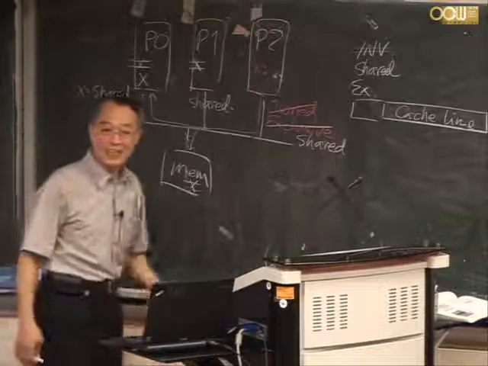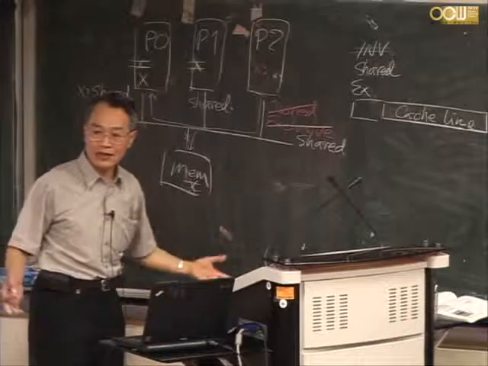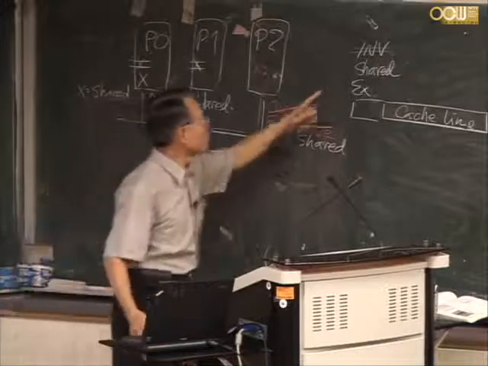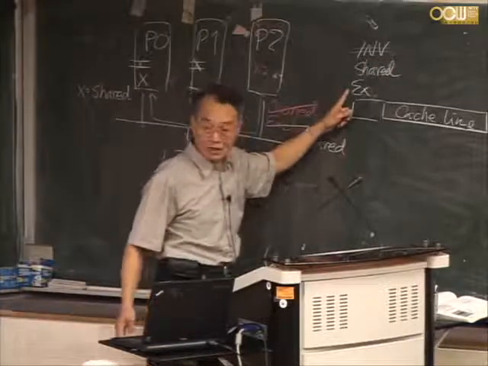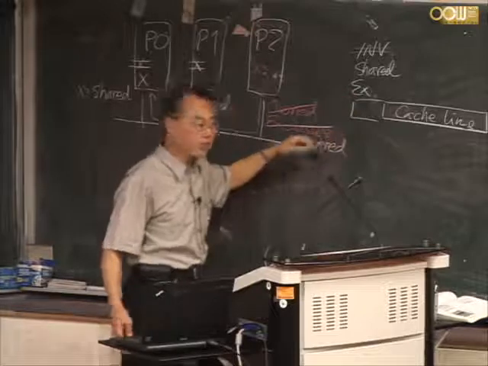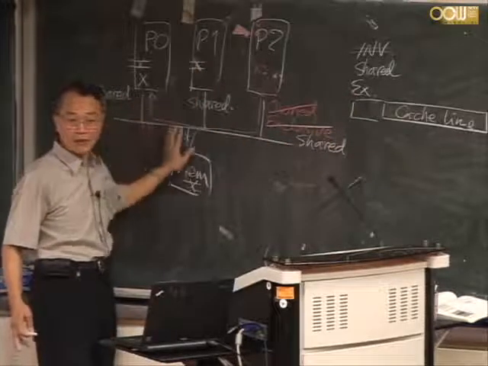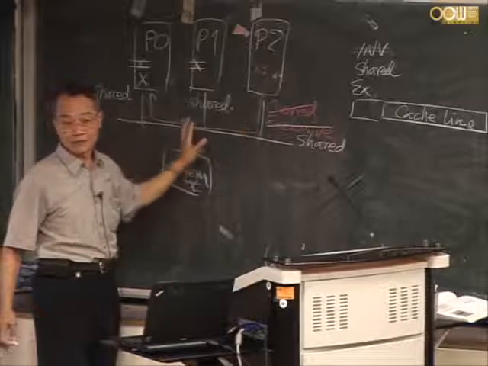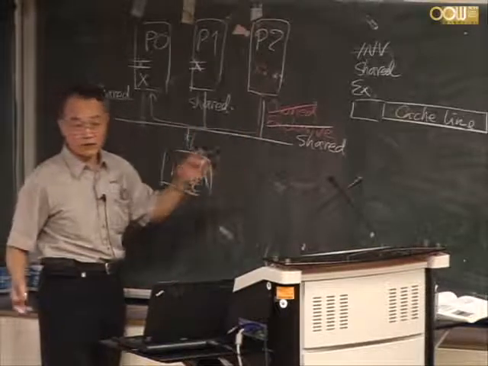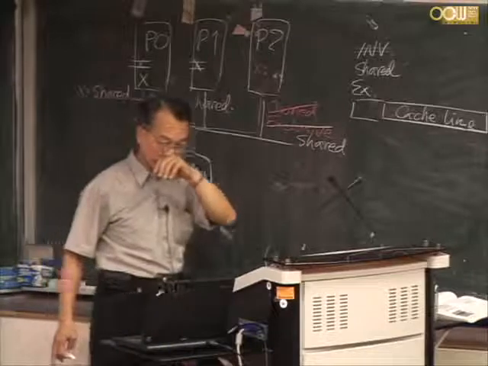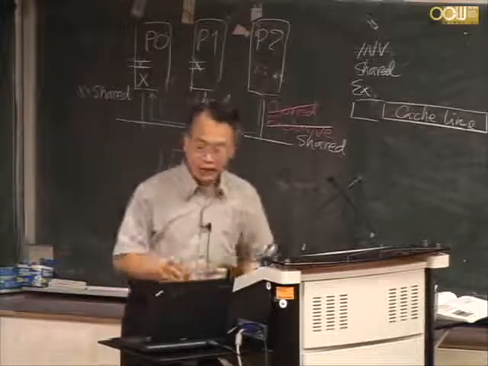Got it? So whichever cache line you have, it will have to be in the shared or exclusive state. And every time you want to touch any cache line, you need to let anybody else know. Very simple protocol.